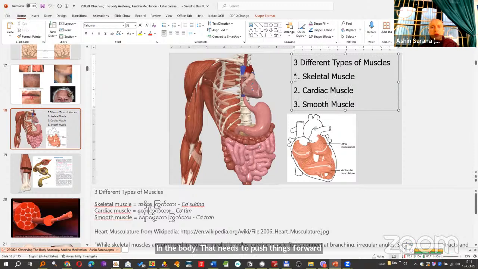So we will be talking only about skeletal muscle today. We will be looking at cardiac muscle when we come to the heart. And we may talk a little bit about smooth muscle also when we come to the heart and when we come to the digestive system. Probably not today.